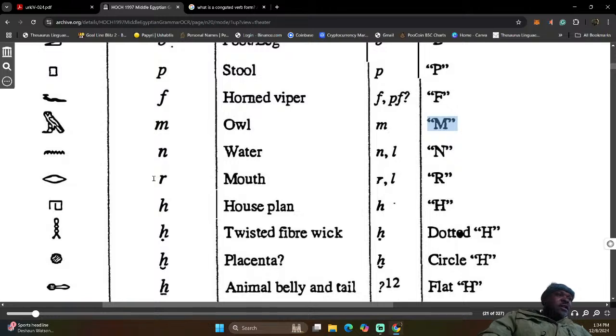So now look, this is one and this was one. Notice here we got an N, and Pef is one too. He's saying that this F could have been pronounced PF at certain times. And this R, we know, might be pronounced as an R or an L. But he also has an N possibly pronounced as an L in some instances.